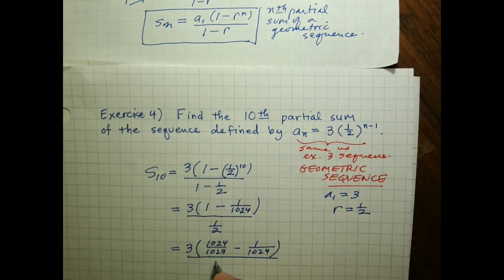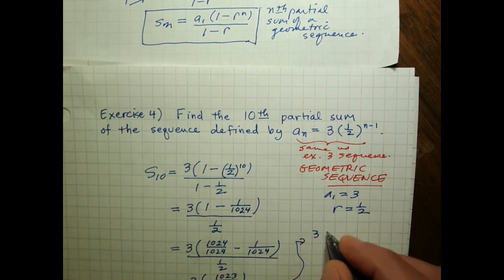Just remember we're dividing all that by a half at the end. So I have 3 times, this is going to be 1,024 minus 1, which is 1,023 over 1,024, all divided by a half.